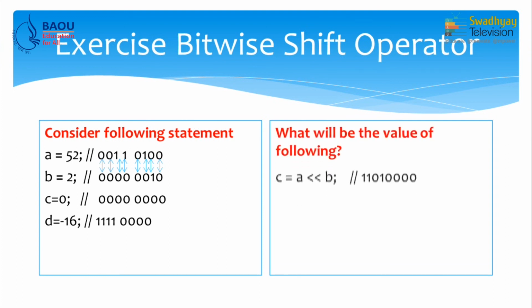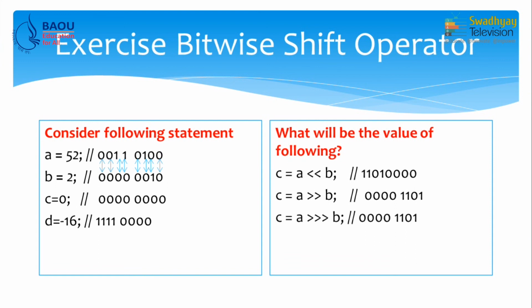Now, we want to shift the bits of A right by 2 digits. You can see the result on screen. This will again shift all bits to the right by 2. So, the result is shown on screen, and we have the last operator.